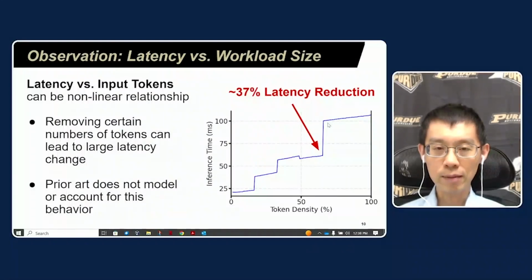But if we prune one more, then the latency can drop dramatically. So we wish we could push that further to after this dramatic reduction of latency. That's why we need to consider hardware. And this is observed in many different kinds of hardware, this phenomenon. So that's why we want to consider hardware, because the relationship is not a linear relationship.